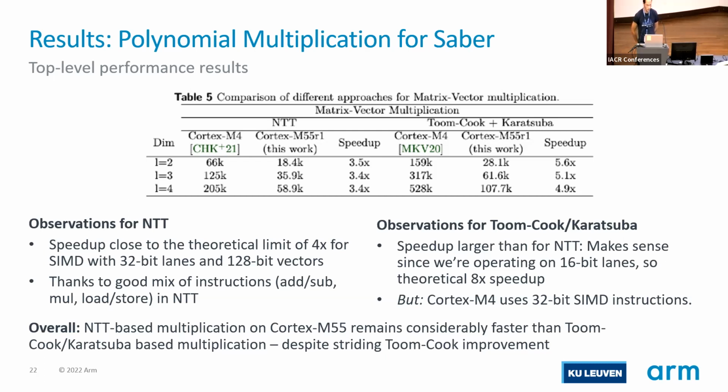So in terms of the theoretical limits, I think what we achieved, we were certainly happy with that. If we then compare Toom-Cook and NTT, what we see is that even though the speed up is higher for Toom-Cook, NTT remains considerably faster.